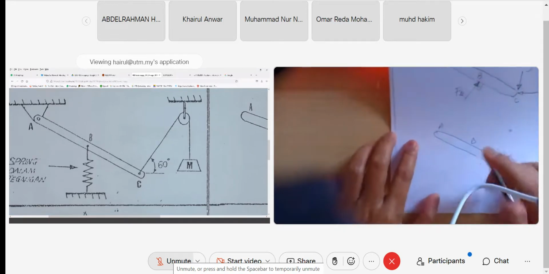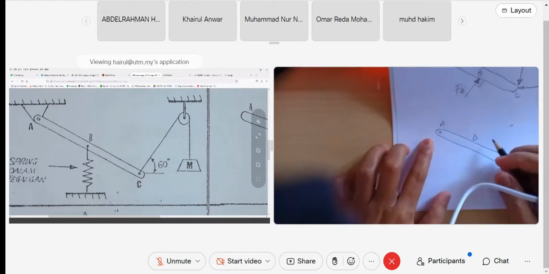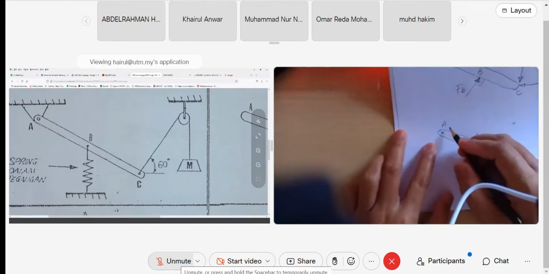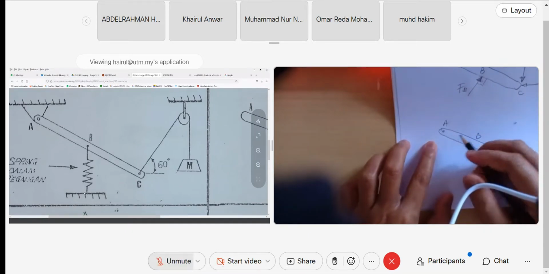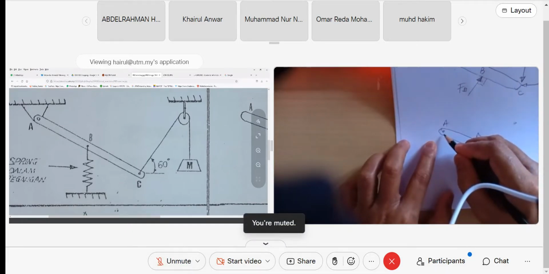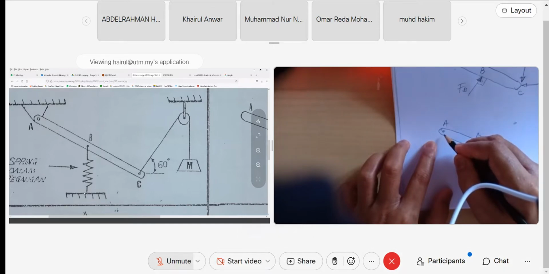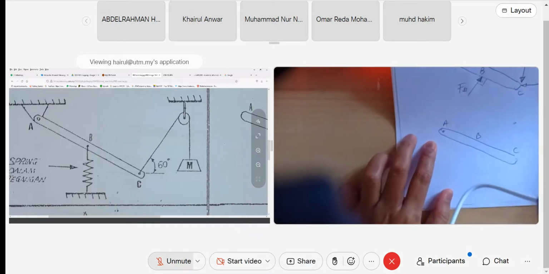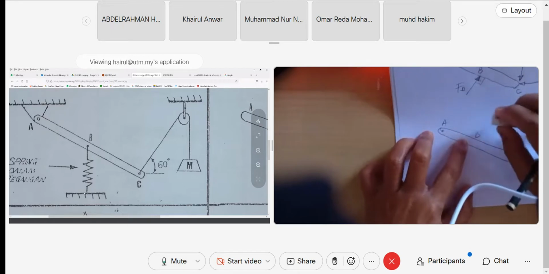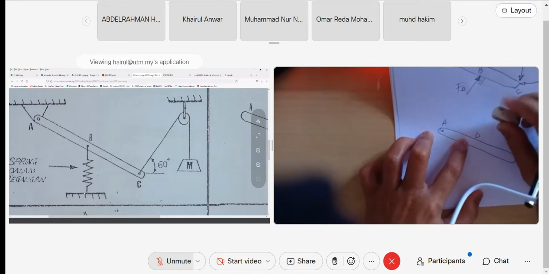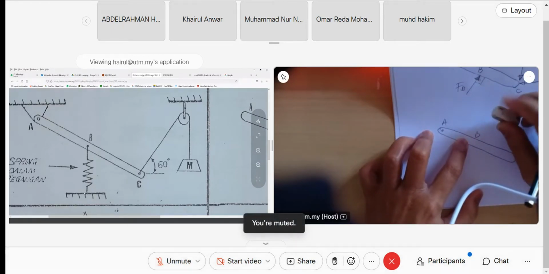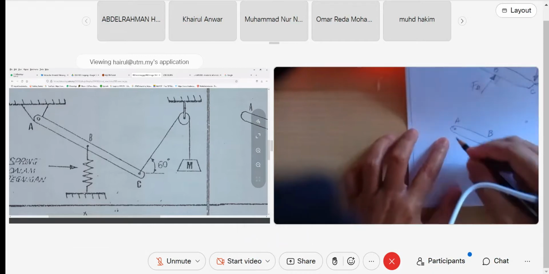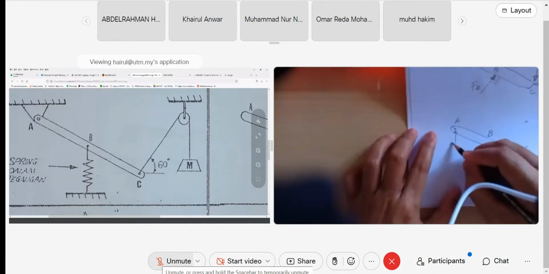What is the reaction at A? It's a pin joint. We have A_x and A_y.